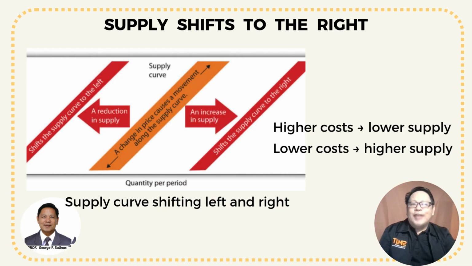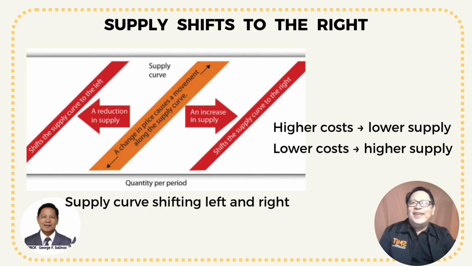Now, let's talk about when supply shifts. Higher production costs squeeze profit margins, leading to less supply. So naturally, if there is an increase in the production costs, the producer will lessen their production. This is very evident in the leftward supply curve shift.